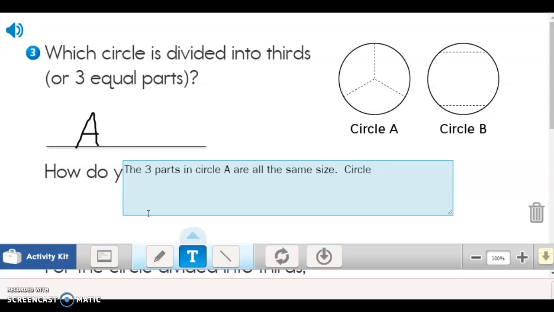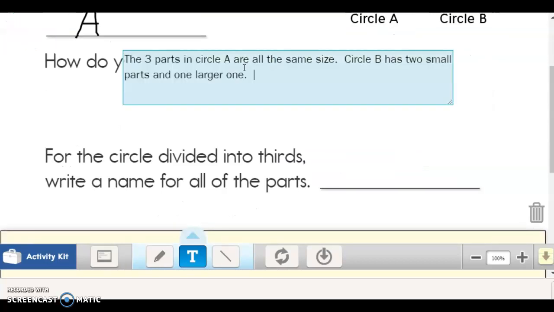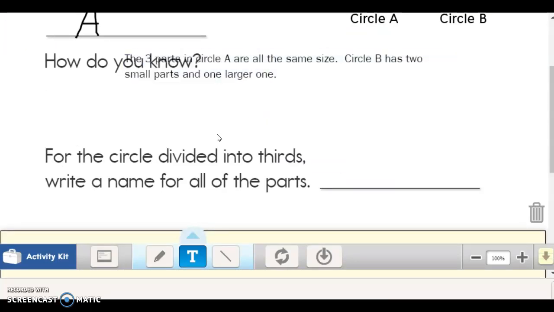Circle B has 2 small parts and 1 larger part. And I'm going to see if I can bring that down a little bit.